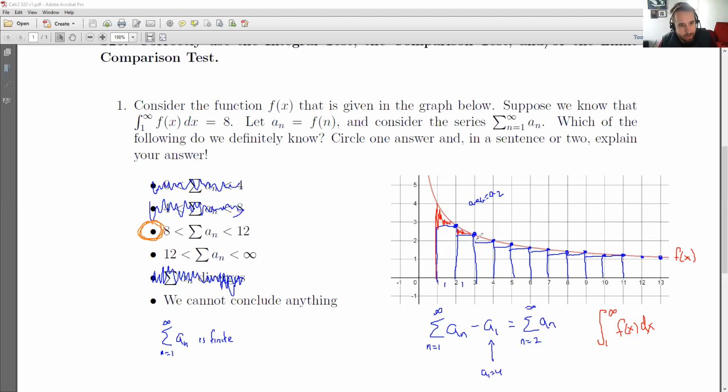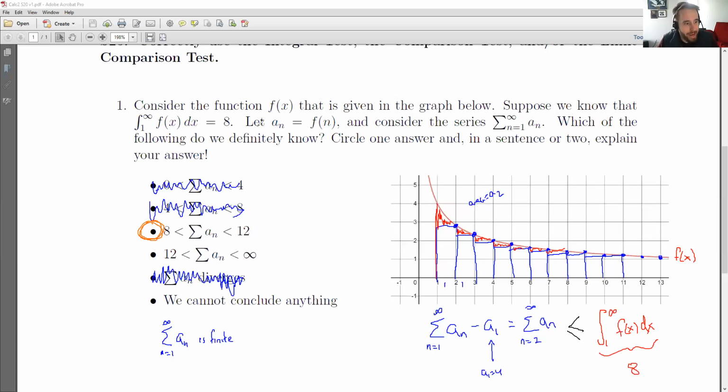It's going to be the area of all those rectangles plus this extra area here and here and here and here. And so what we actually see is we can draw this conclusion: the sum as n goes from 2 to infinity of a sub n is less than or equal to the integral of f of x. And the integral of f of x, as we remember, was just equal to 8.